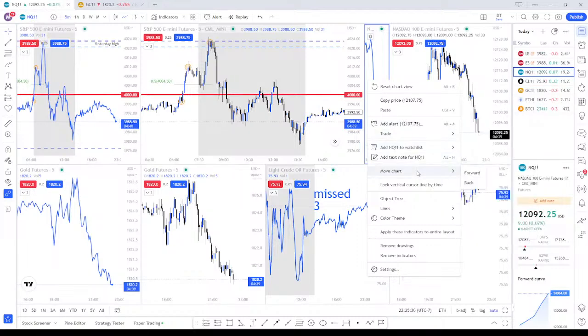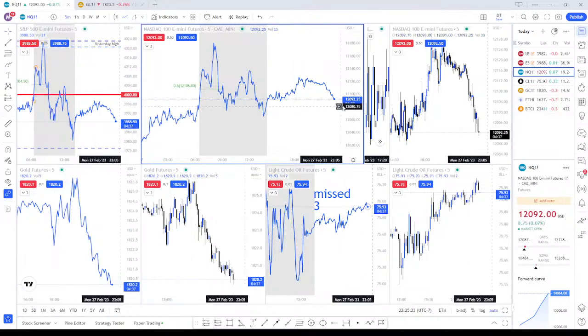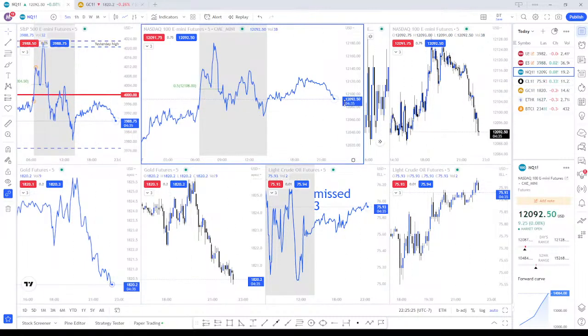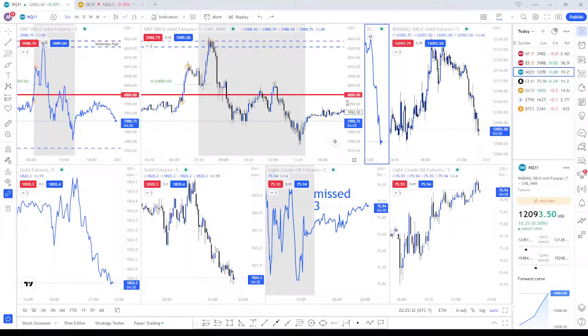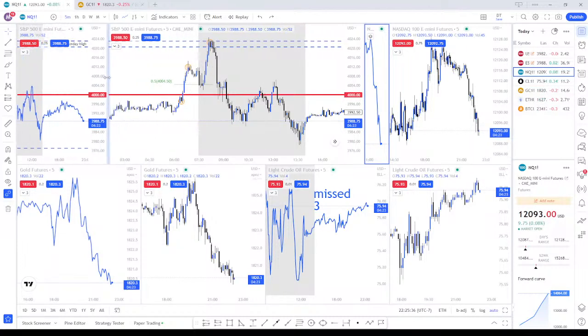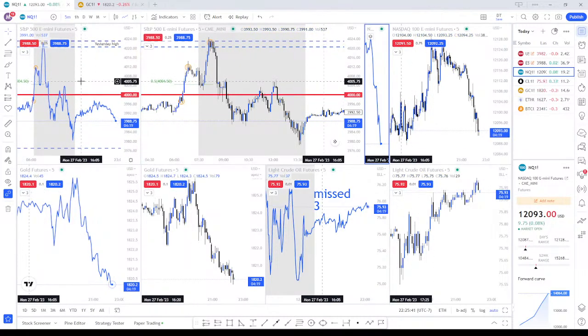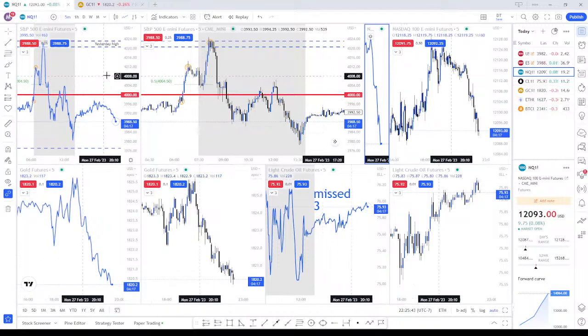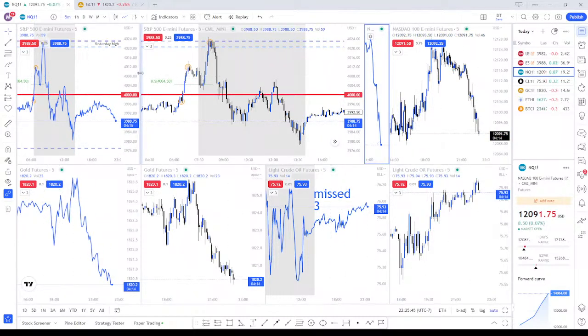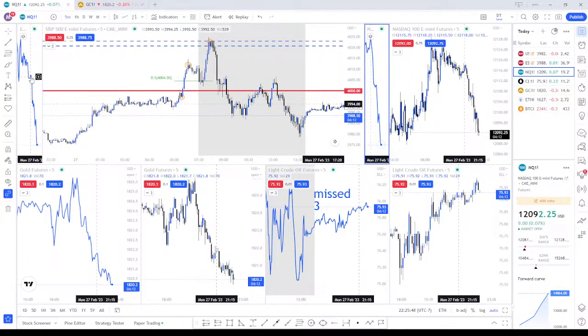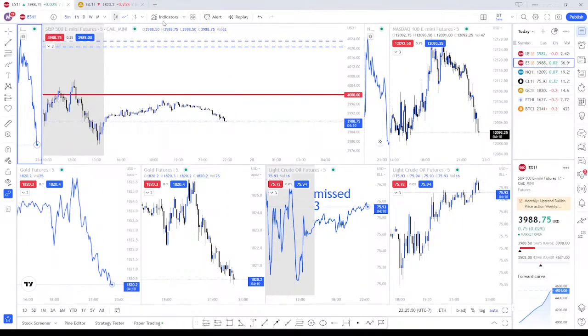Oh wait, let me zoom. Actually wait. So if I did this instead, or we want this particular chart to be, okay, so this can still be the first chart, right? And then that can be the candlestick.